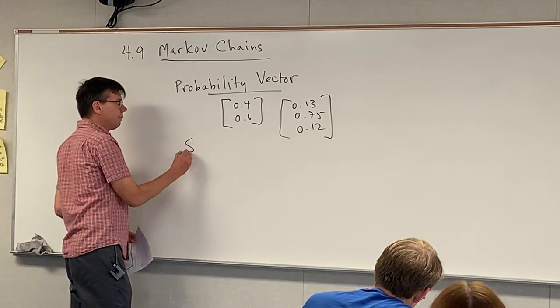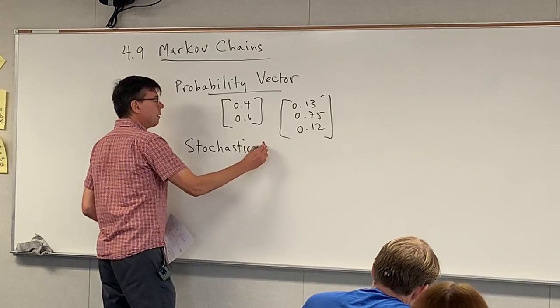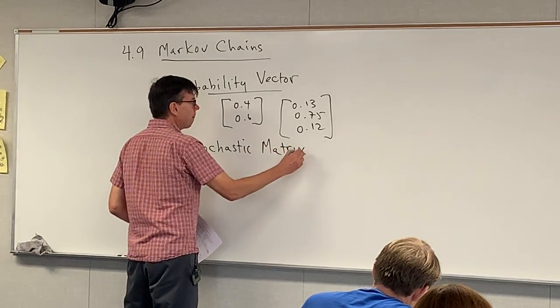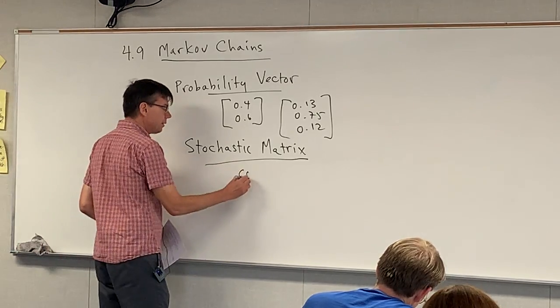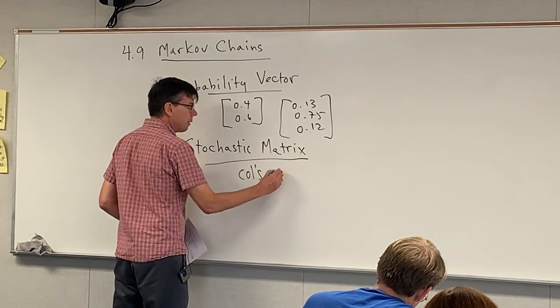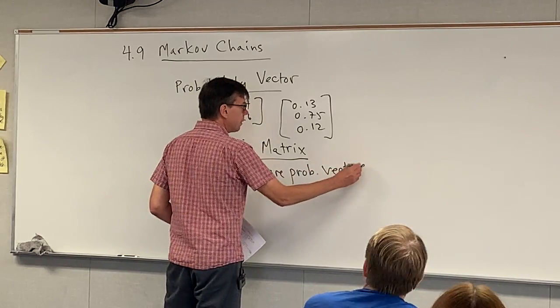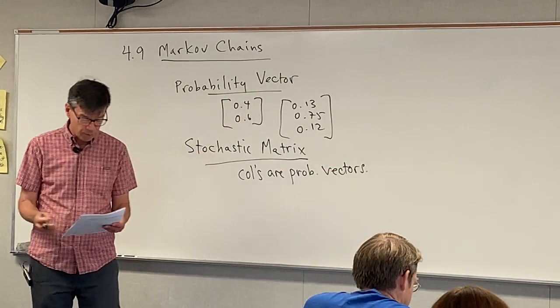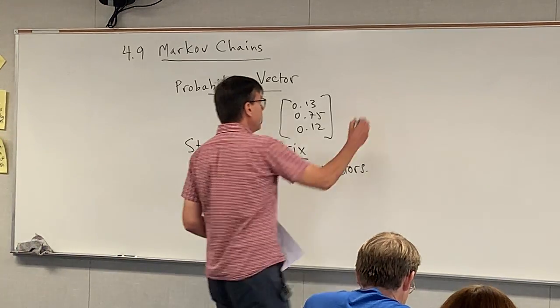A stochastic matrix is just a matrix whose columns are probability vectors. So there's an example there on the sheet.